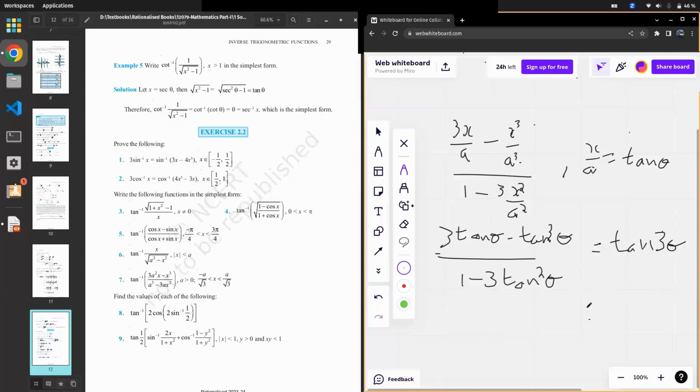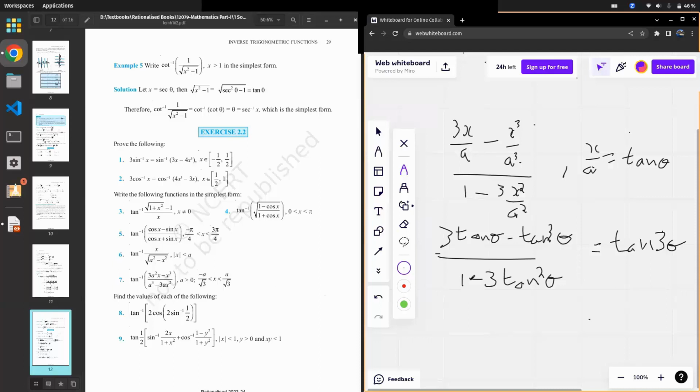It is also given that minus a by root 3 is less than x less than a by root 3. If we divide by a, since a is greater than 0, we'll get minus 1 by root 3 less than x by a, which is less than 1 by root 3. So the value of tan inverse of minus 1 by root 3 is minus pi by 6, and the value of tan inverse of 1 by root 3 is pi by 6.